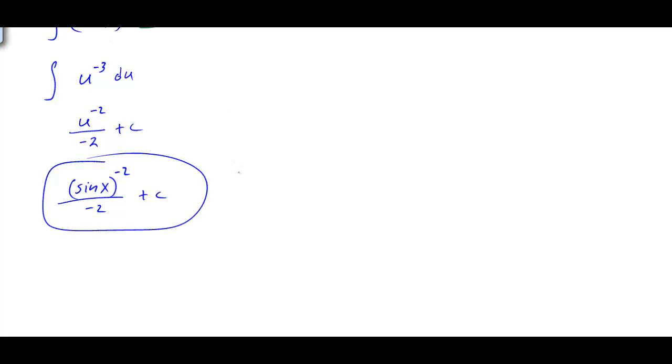An alternate way is we could write this as negative 1 over 2 multiplied by sine of x squared.